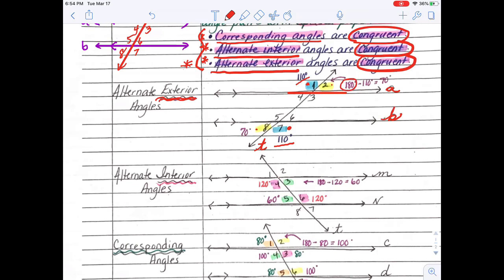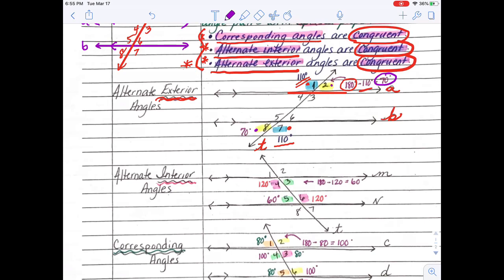Now that whole thing has to be 180, and I already know angle 1 is 110. If I subtract, 180 for that straight line minus the 110 I already know, angle 2 is 70 degrees. And if this is 70 degrees, then this alternate exterior angle has to be 70 degrees. So you already found 4 angles as quickly as that.